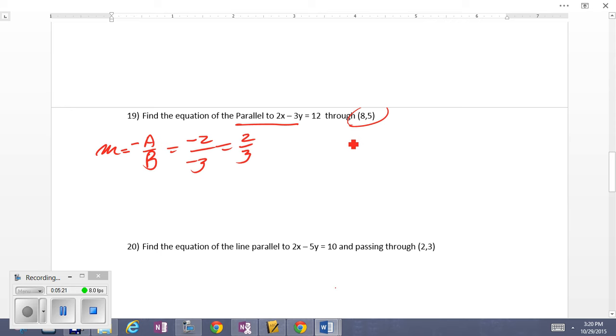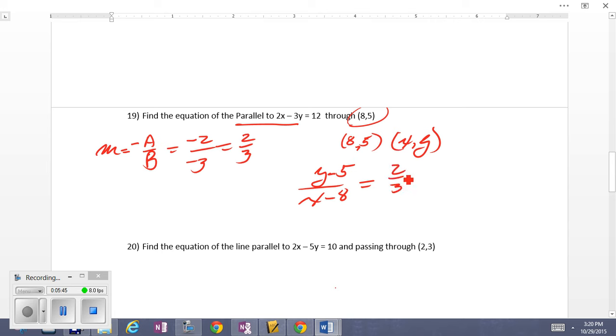We have the slope, and now we define the slope again with this point, 8, 5, and this generalized point, x comma y. So now, computing the slope, we say it's y minus 5 over x minus 8, and we set that equal to the slope of 2/3.